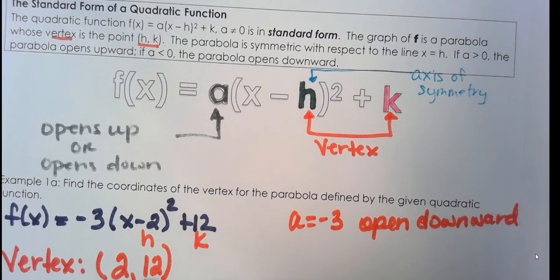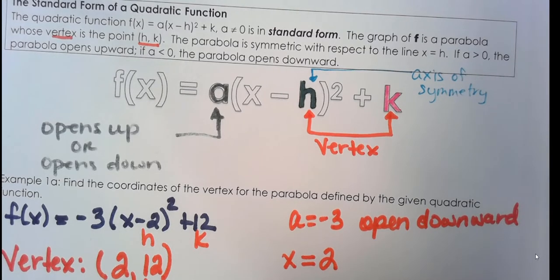And then if I want to find the axis of symmetry, we're going to set it up as an equation where we would say x is equal to, now look at your h, identify your h, which you said was 2. We have here x equals 2.